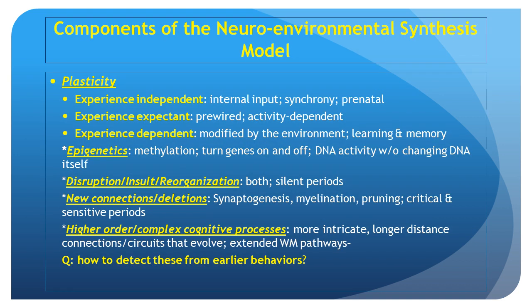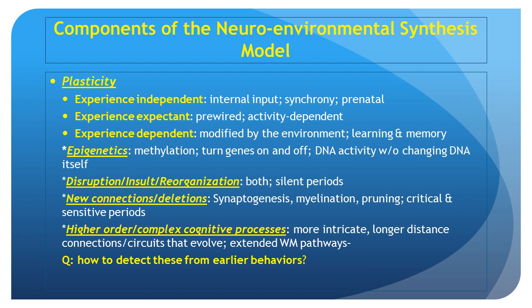So what are the components of the neuroenvironmental synthesis model? Well, plasticity involves underlying cell assemblies. There are what are called experience-independent cell assemblies, which are groupings of cells that fire together.